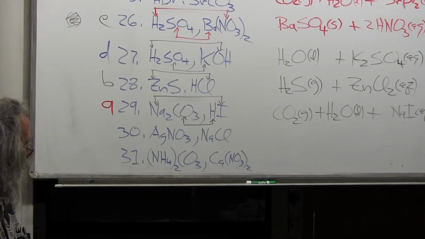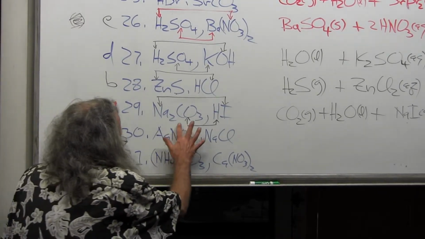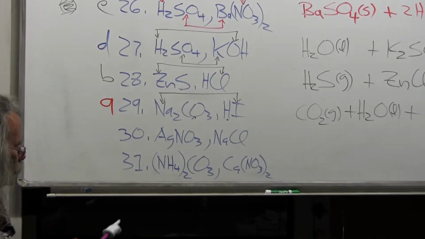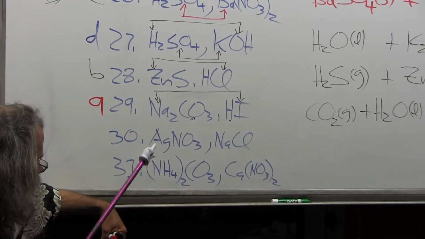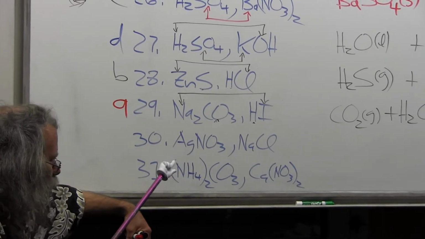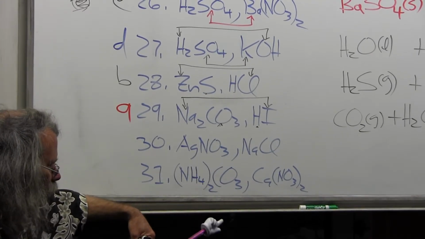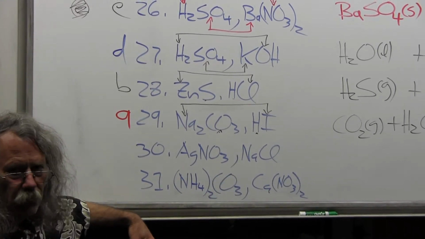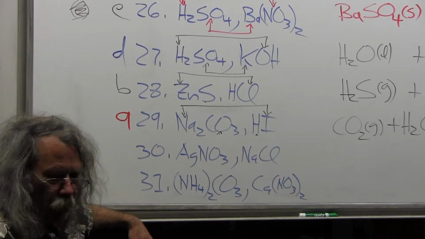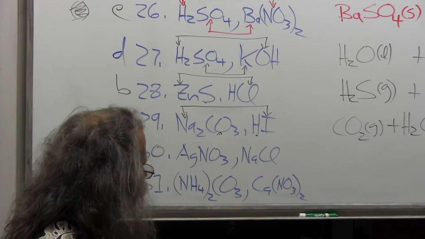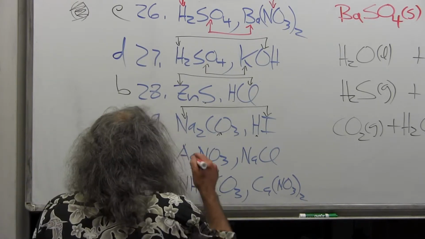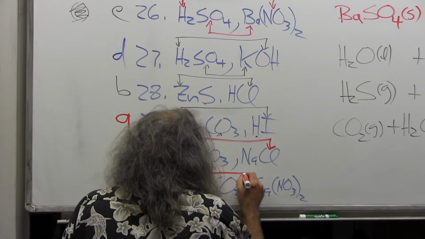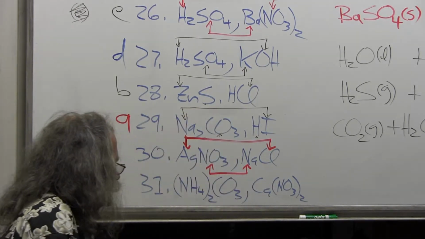Now, number 30. First I have to check the pair. It's silver nitrate and sodium chloride. Silver nitrate is soluble because it's a nitrate salt, and sodium chloride is soluble because it's a sodium salt. So both of the starting materials are soluble. Now we're going to check for possible insoluble combinations and or neutralization reactions.